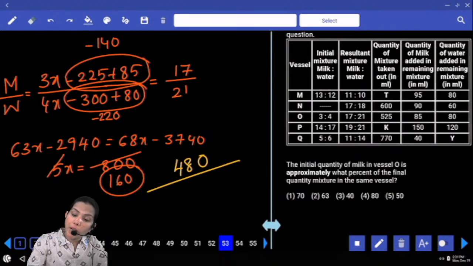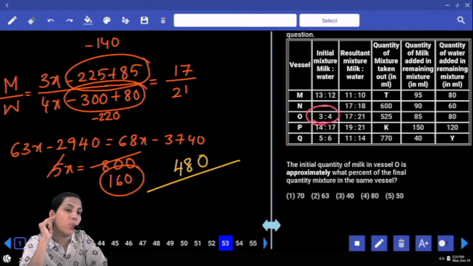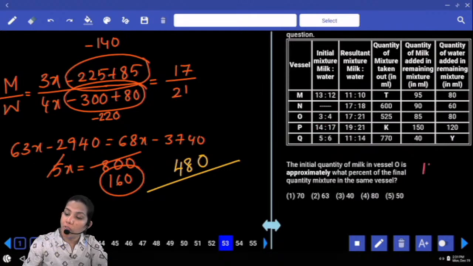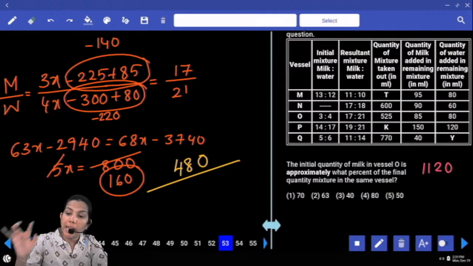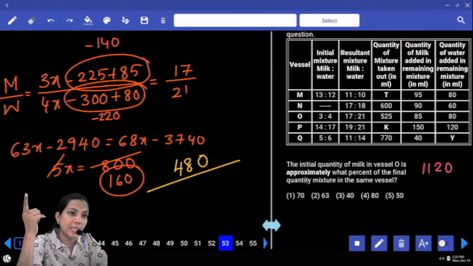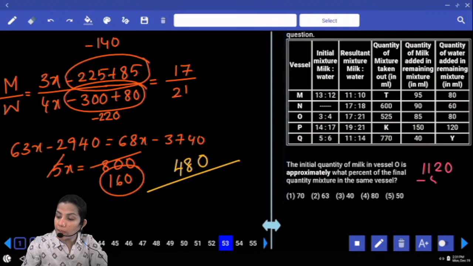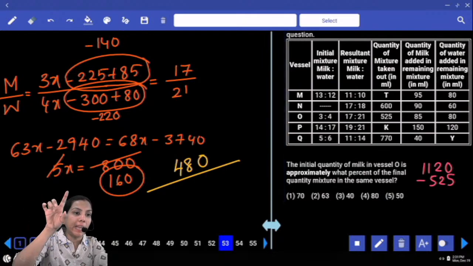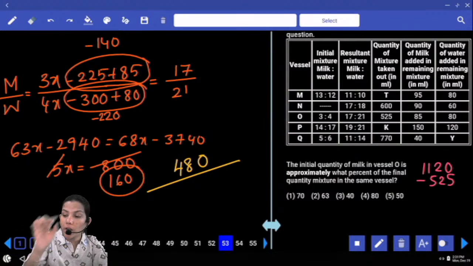What is the initial quantity of mixture in the vessel? 7x, అంతే కదా. 7 into 160, 16 7s ఎంత? 1120. 1120 లో నుంచి ఎన్ని లీటర్స్ ఆఫ్ మిక్చర్ ని తీసేస్తున్నాం? 525 was taken and how many liters was again added? 85 milk, 80 water. So how many liters added?